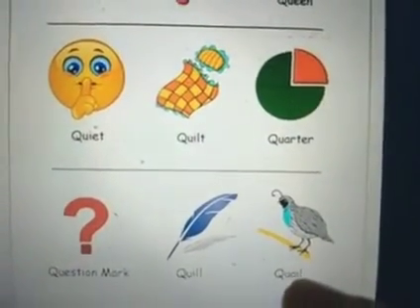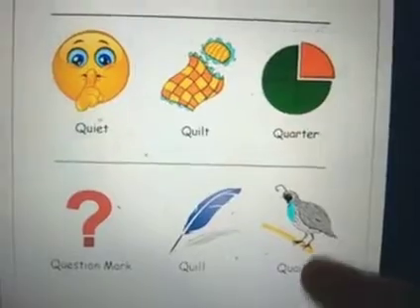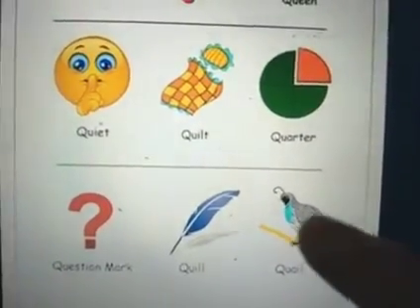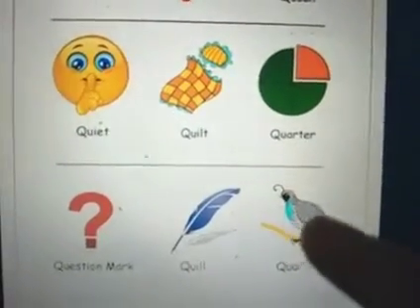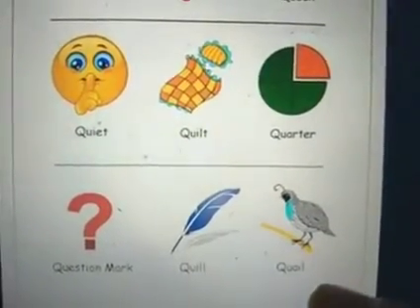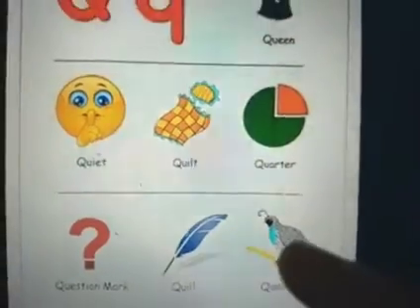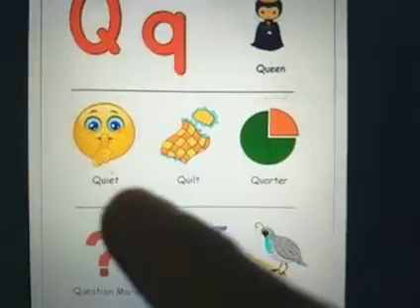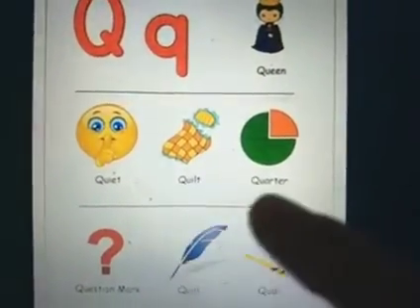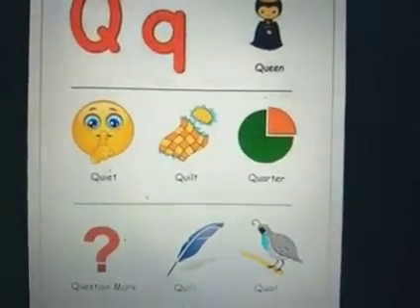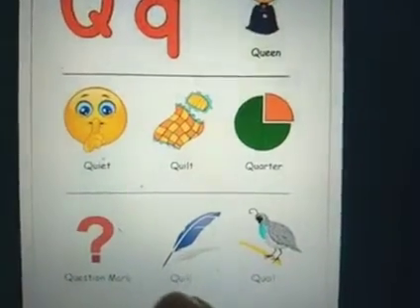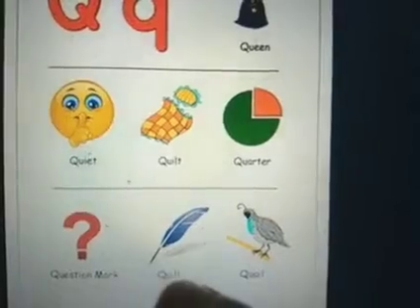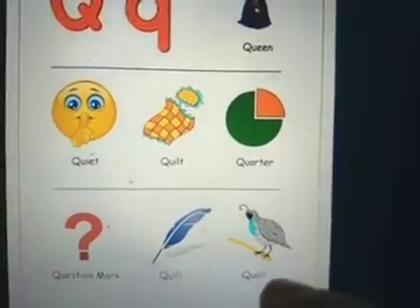Then we have quail. Now a quail is a very small, short-tailed bird. It's a very tiny bird. Now let's again revise the pictures. Queen, quiet, quilt, quarter, question mark, quill, and quail.